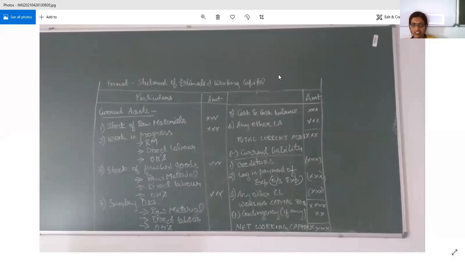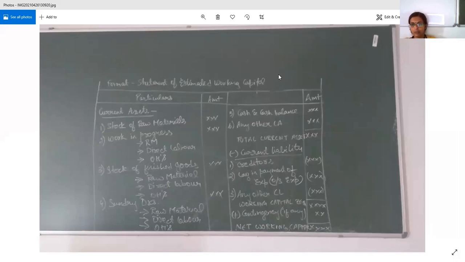Secondly, students, when you talk about stock, the word stock or goods can be divided into 3 major components: one, raw materials; secondly, work in progress; and thirdly, finished goods. When I say stock of raw materials, I will include only the material cost.